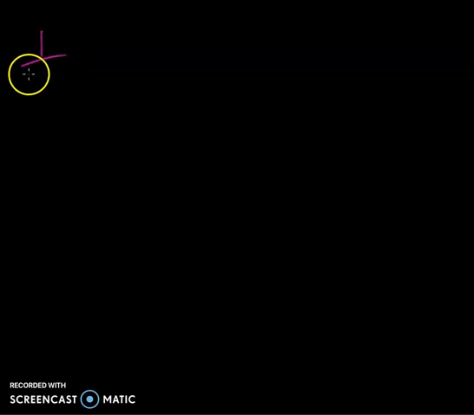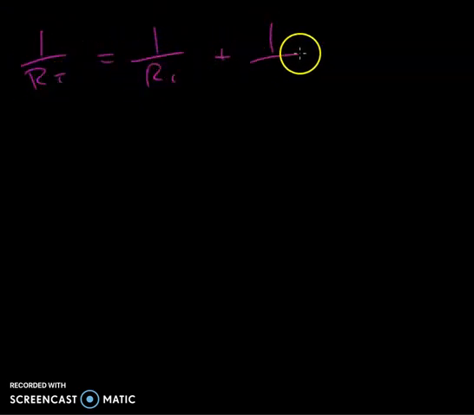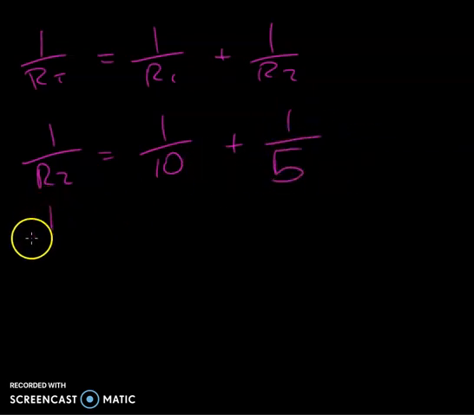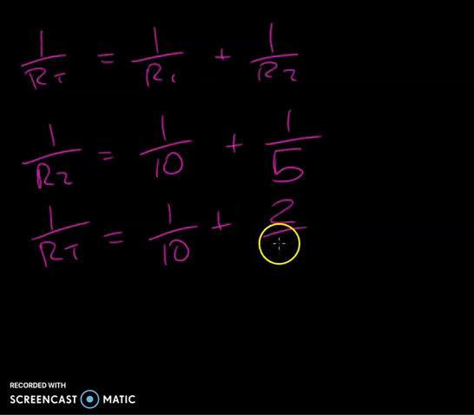So we're just going to have one more crack at this just to finally get that there. 1 over RT is equal to 1 over R1 plus 1 over R2. 1 over RT equals 1 over 10 plus 1 over 5. You can't add tenths to fifths, so we go 1 over RT is equal to 1 tenth plus 2 tenths equals 3 tenths.